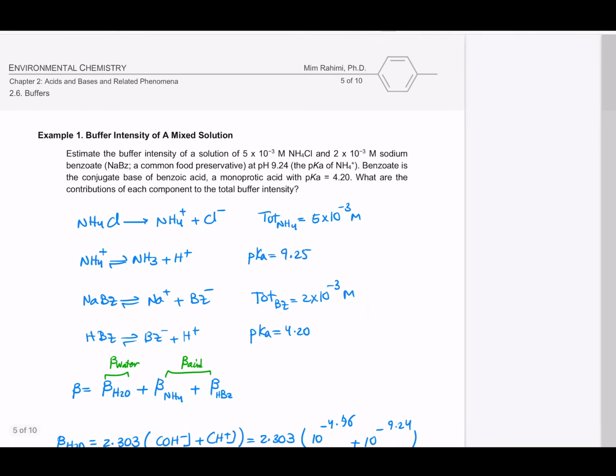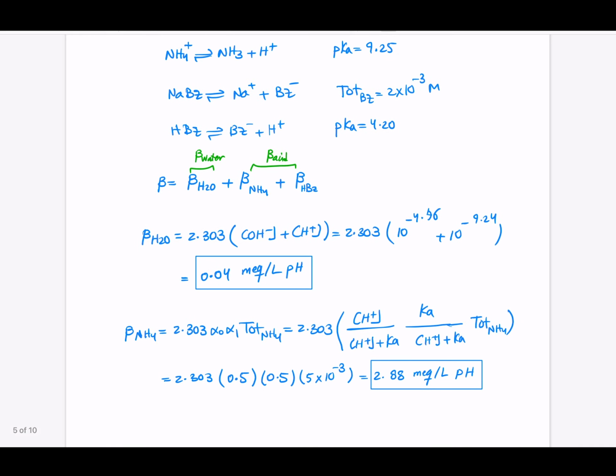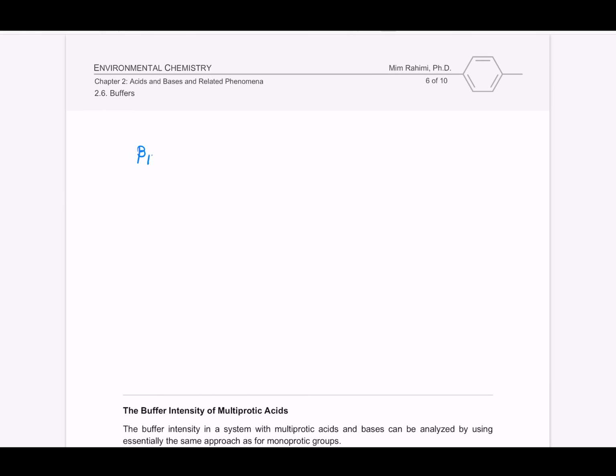We can do the same thing for benzoate. So beta related to HBz similarly is 2.303 alpha 0, alpha 1 total Bz.